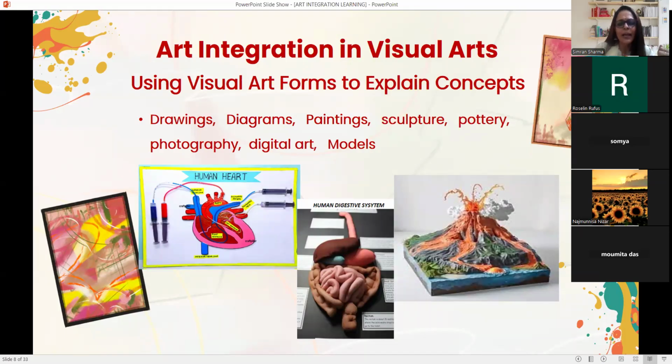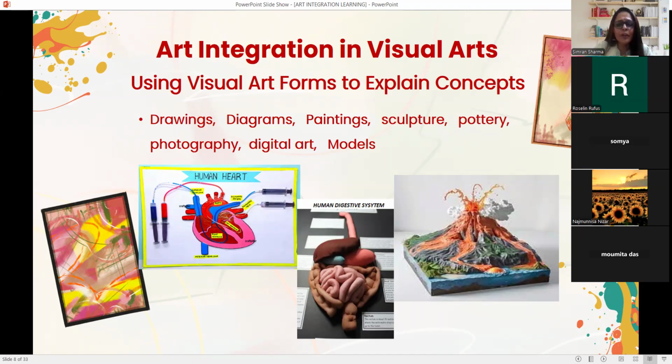Second, if you look, we are using clay modeling to explain the human digestive system. When you give this activity, you ask students to bring different color clay. Why? Because we have different organs in our digestive system which have different colors. So then they understand, wow, liver is dark brown in color.